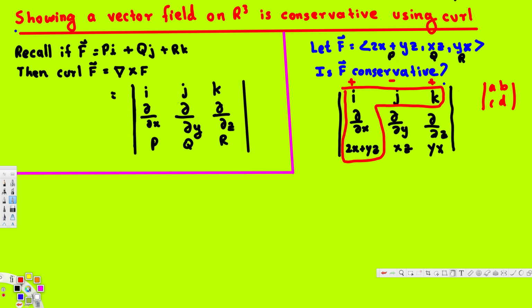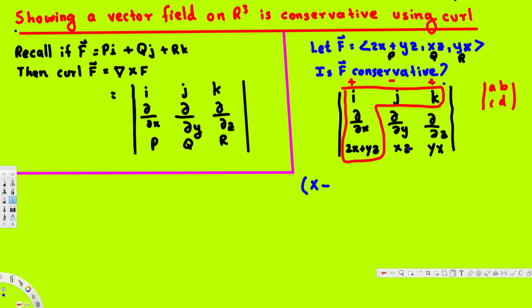Okay, now here we are going to do this one. AD is going to be the partial derivative of yx with respect to y. That's going to be x, because the derivative of y is 1. When we take the partial derivative with respect to y, we treat x as a constant, so this is just x. And when we do the minus, the opposite part BC, this is the partial derivative of xz with respect to z.